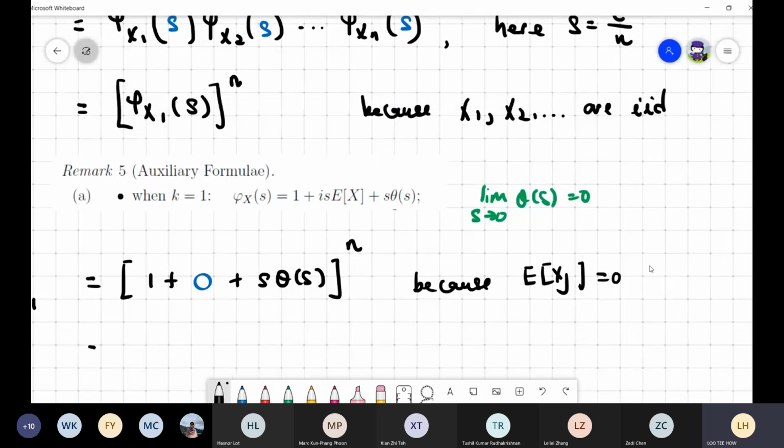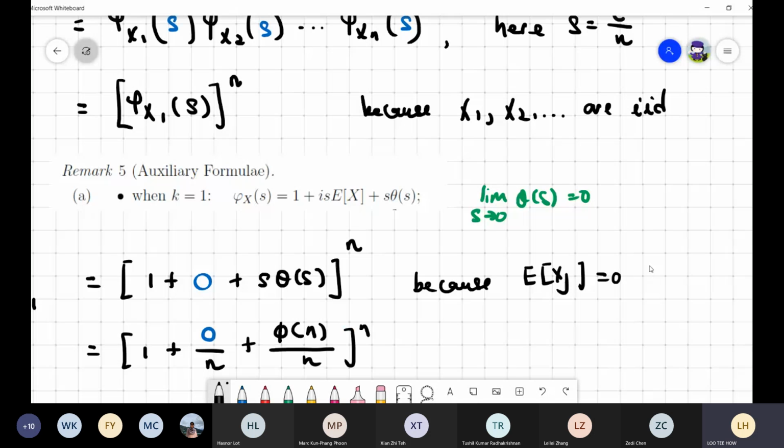Then we can write this one as 1 plus 0 divided by n, and then plus something like n of n.